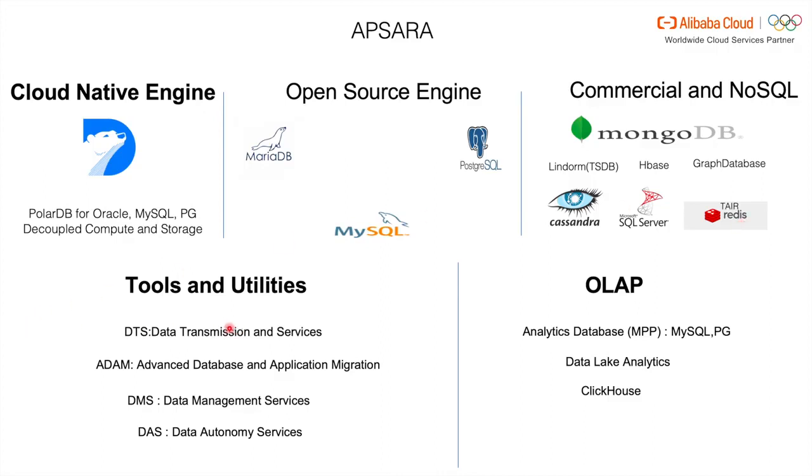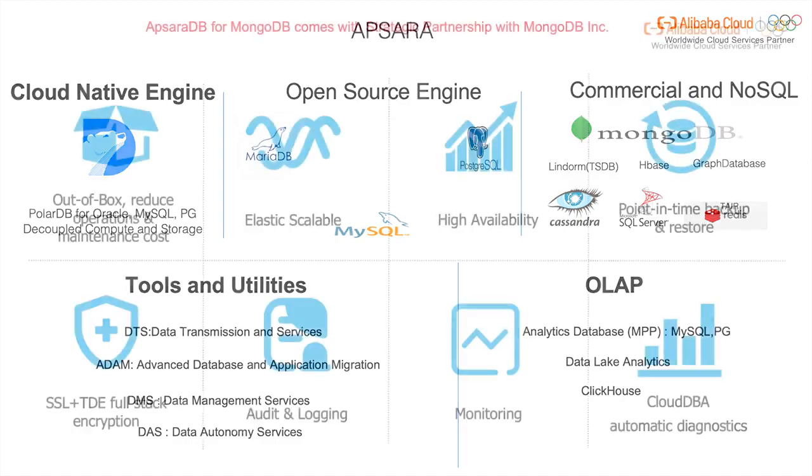In tools and utilities, you can see we have different types of migration tools, DTS and ADAM, which are for different purposes. DTS is Data Transmission Service, and ADAM is primarily used for Oracle purposes. Then we have DMS, that is Data Management Service, and DAS, Database Autonomy Service. So let's keep this session focused on the migration part for MongoDB.